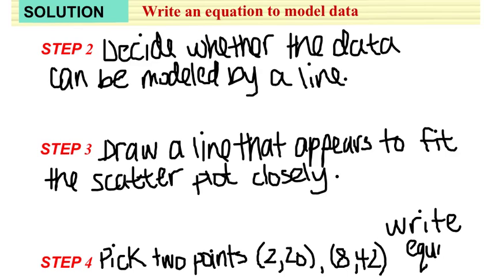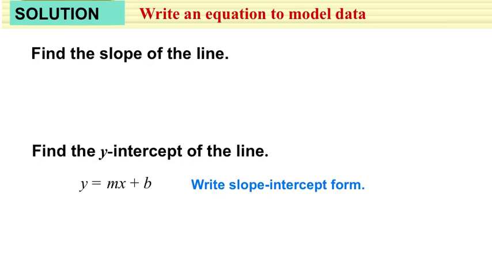Because remember, once we have 2 points, we can find the slope and we can write the linear equation. Using those 2 points that I just arbitrarily chose from the data, you could have picked any 2 points from your data, but I chose those 2. We're going to first find the slope. So in order to find the slope between 2 points, remember you just take the difference of the y's and divide by the difference of the x's.